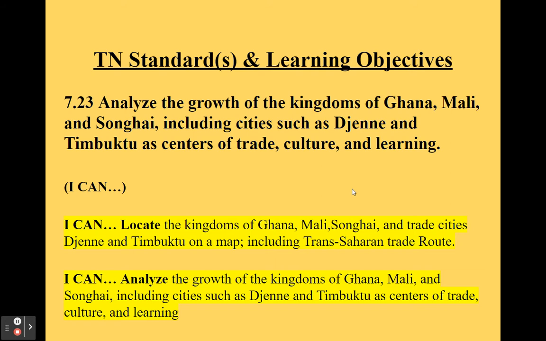So, trade of gold and salt, trade routes, camels, iron tipped spears, all of that allowed them to grow. But when they were taken over by a group of Muslims, that led to their downfall. That led to them becoming much more weak and falling apart.